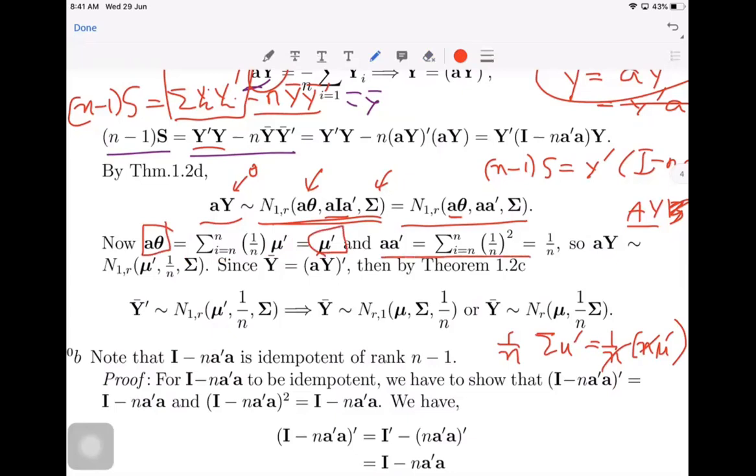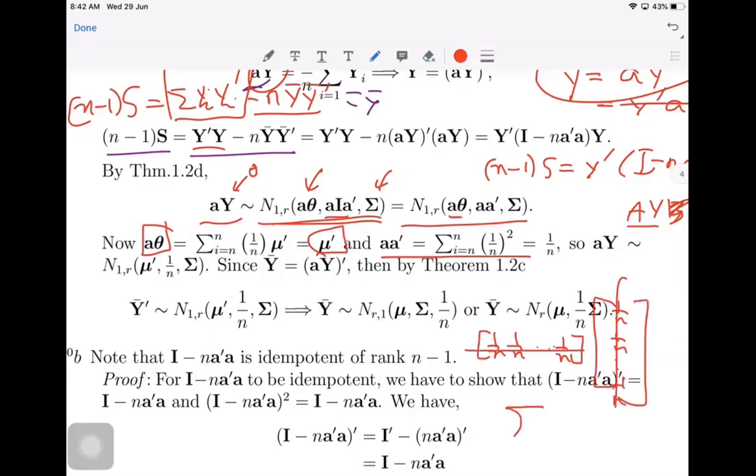So your A theta will be equal to just your mu prime, and A A prime will be the summation of 1 over n squared, because your A is 1 over n, 1 over n, 1 over n times A prime, which was 1 over n, 1 over n, 1 over n. So if you multiply that, that is the summation of 1 over n squared. This is a constant with respect to summation.